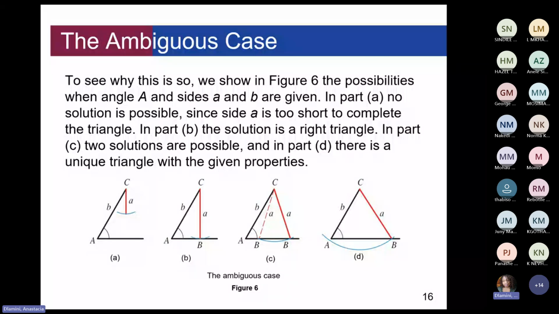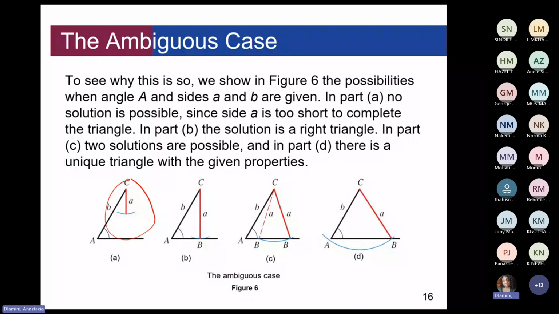To see why this is so, we show in figure 6 the possibilities when angle A and side AB are given. In part A, no solution is possible, since the side is too short to complete the triangle. In part B, the solution is a right triangle. In part C, 2 solutions are possible. And in part D, there is a unique triangle with the given properties.